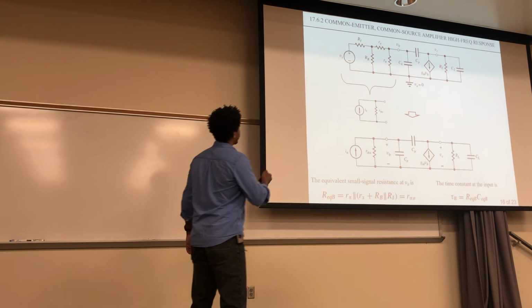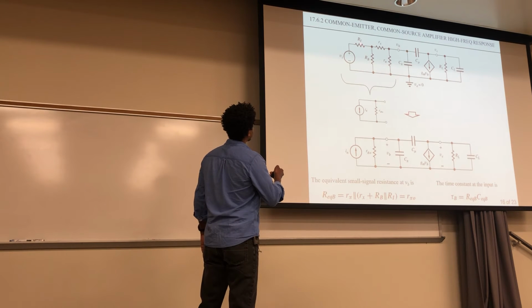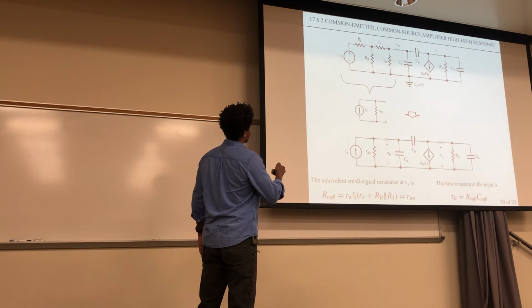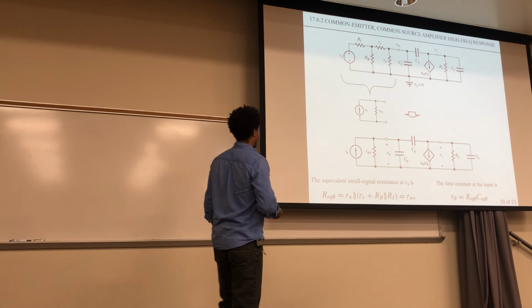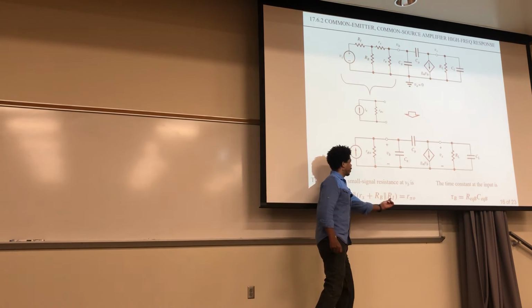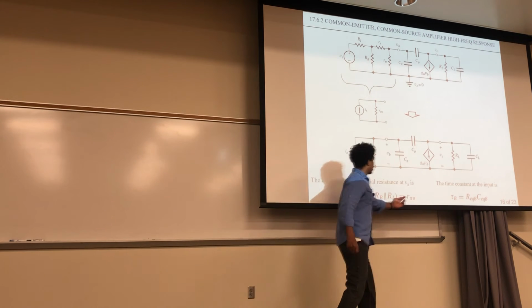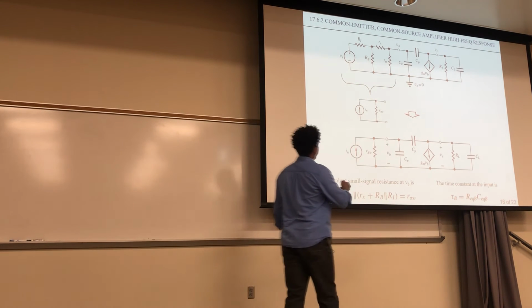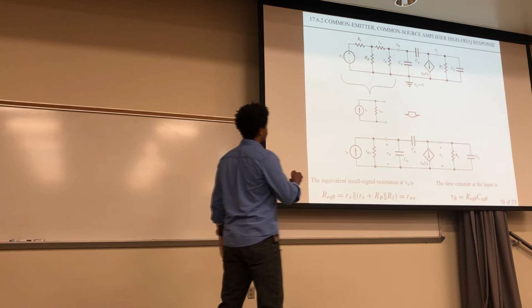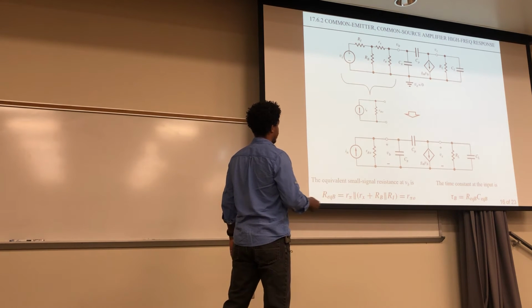Ri and Rb are in parallel, like if you're turning the source off, these two are in parallel. So it's this in parallel with that plus these two in parallel. That's where this expression comes from, and this expression is just your R pi 0. So we're going to rewrite this as this schematic right here.